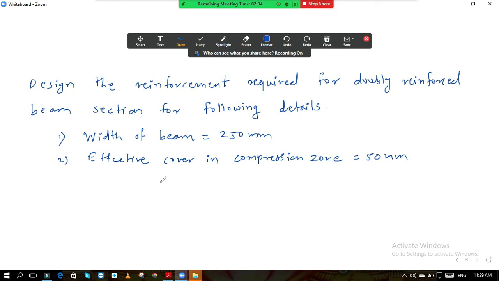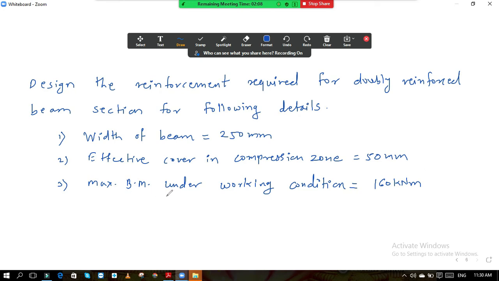The maximum bending moment under working condition, so Mu is given to you, is equal to 160 kilonewton meter.